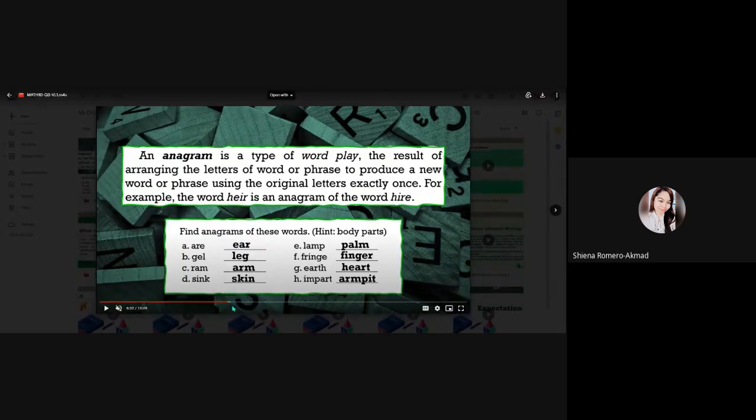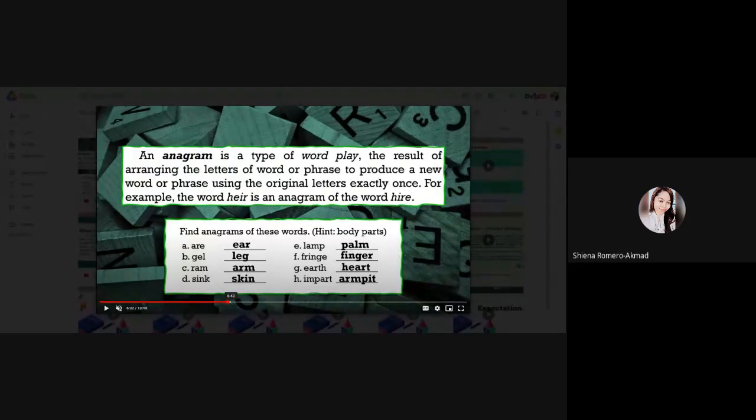In permutation, you also arrange, but not just words or letters. It can be books, or persons arranged in a straight line, or books arranged on a shelf. It can also be numbers arranged to form a telephone number, a code, and so on. Those processes are what we call permutation.